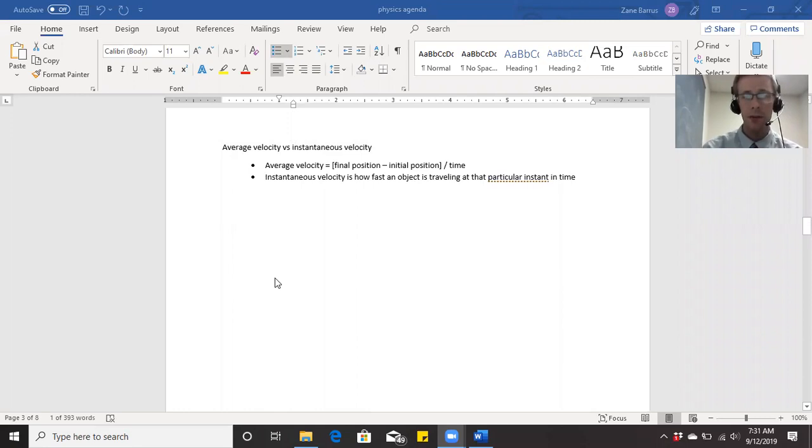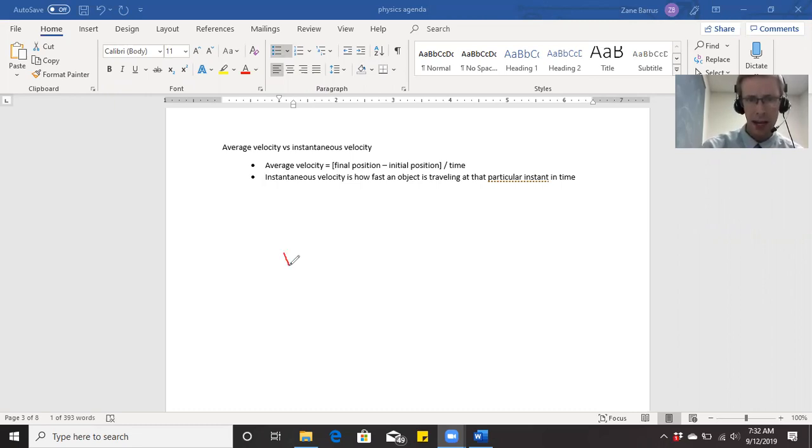Okay, so on the note of velocity, we're going to introduce some equations to you in a moment that differentiate between something called average velocity and something called instantaneous velocity. Okay, and I've written an equation for you right here. I probably should have used the variables. I'll do that right now. The way I've written this says average velocity is equal to final position minus initial position divided by time.